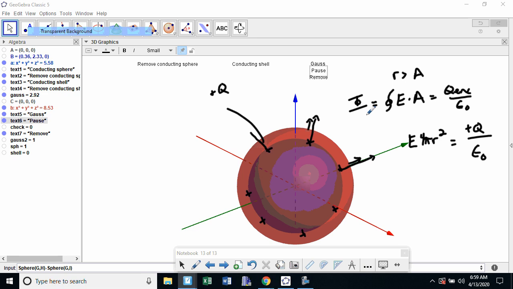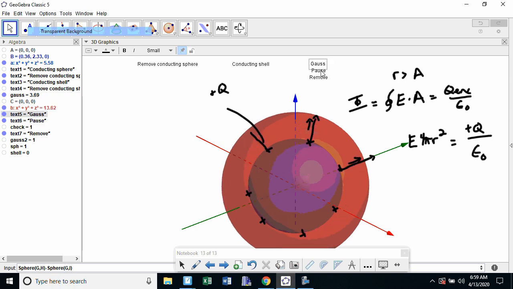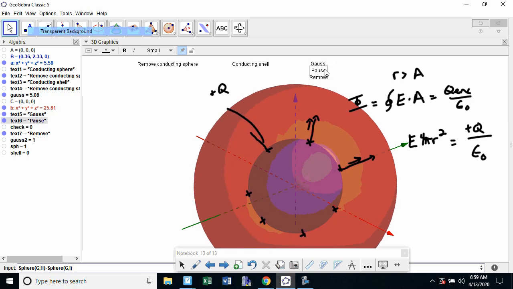Okay, so I'm still using little r because I could have drawn any Gaussian shape that is larger than the conducting sphere. So I could have drawn this Gaussian shape or this one here. I'm using lowercase r because they would all satisfy the surface integral the same way. Area of this Gaussian sphere times the electric field is going to be equal to Q over epsilon naught.